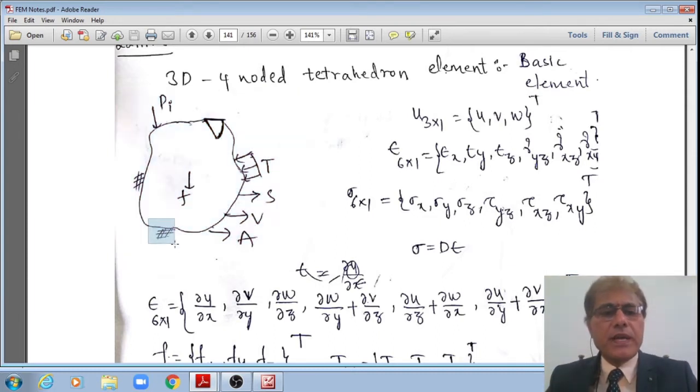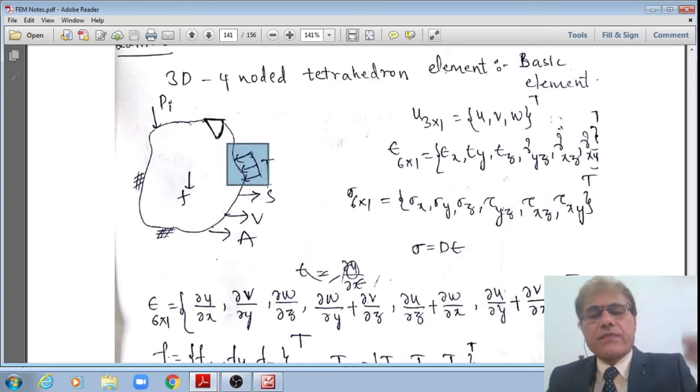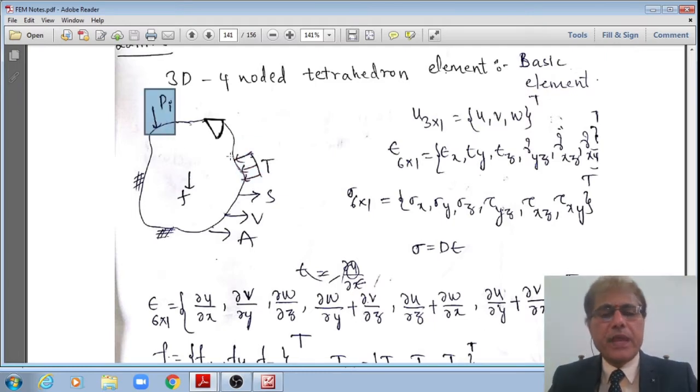And these are the boundary conditions, maybe fixed or hinged as appropriate, and it is subjected to different sets of loads: one, the body forces, or the volume forces acting on the volume; two, the traction forces acting on the surface areas; and three, the point loads, concentrated loads, if any, acting in different directions.